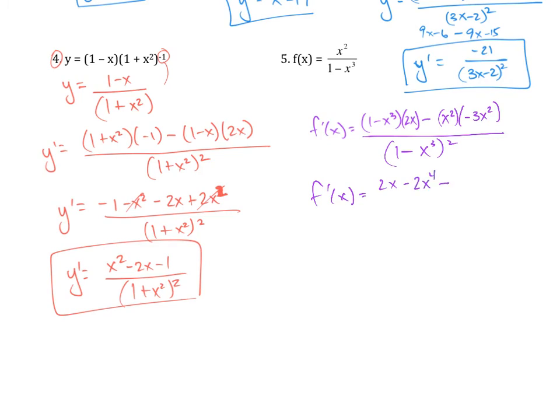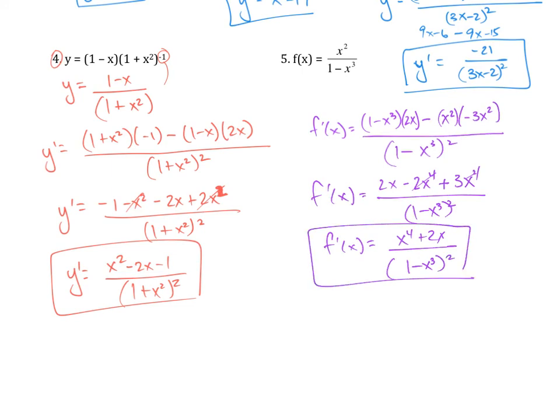This will be minus, it'll be plus actually 3x to the 4th all over this squared. Okay? Which would give me this, and this would be x to the 4th plus 2x over 1 minus x cubed squared. All right. Well, hopefully you understood all these shortcuts, and this should make your homework easier now when taking the derivatives.